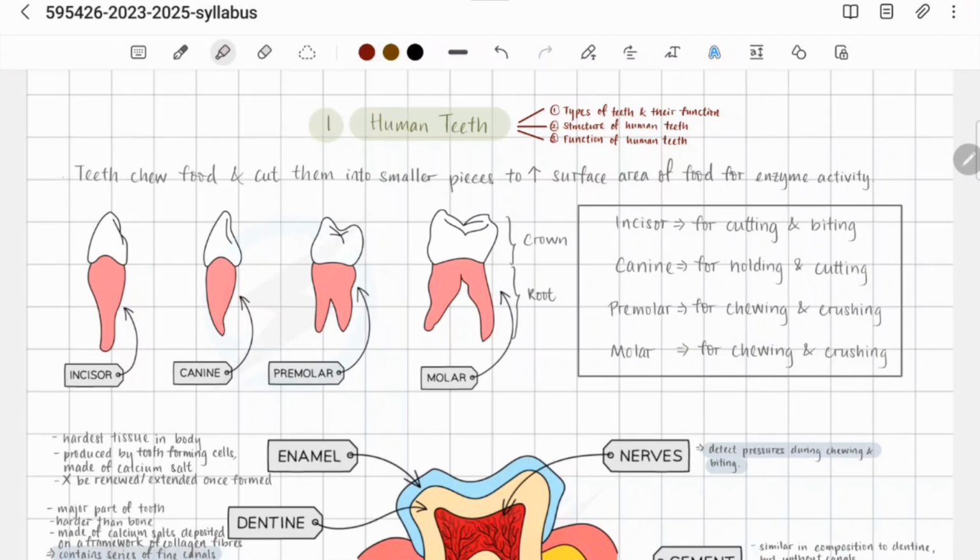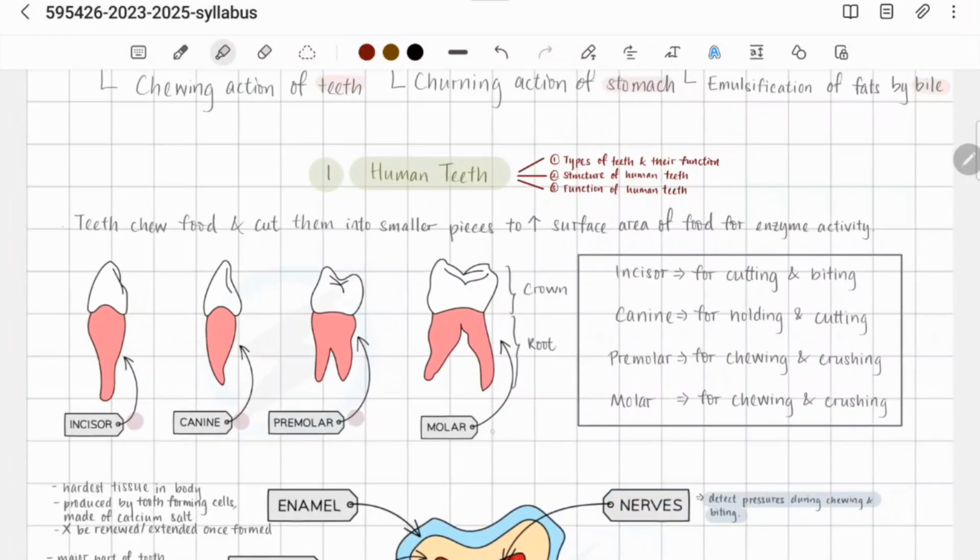Teeth chew food and cut them into smaller pieces to increase surface area of food for enzyme activity. So they chew food to cut it into smaller pieces, and then surface area increases, so the enzyme activity can be finished faster. We have 4 types of teeth: incisor, canine, premolar, and molar.